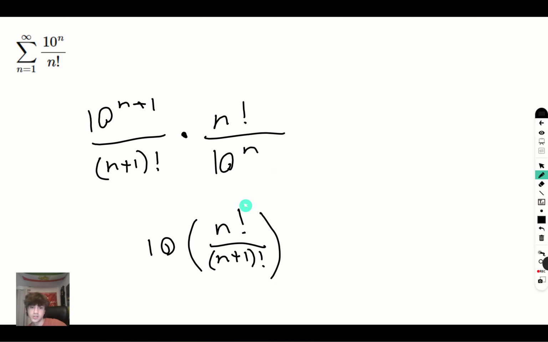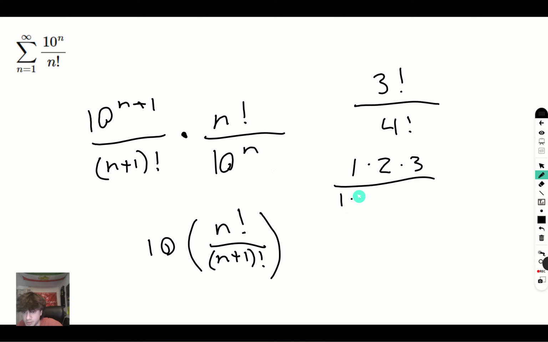Once again, to prove what this is going to be, let's plug in a random number to see what comes out. 3 factorial, let's make our n 3, over 4 factorial. This is going to be 1 times 2 times 3 over 1 times 2 times 3 times 4. So we just get 1 over 4. So the only term that truly matters in the end is this final term that the bottom one has that the top one doesn't have, and that final term is n plus 1.